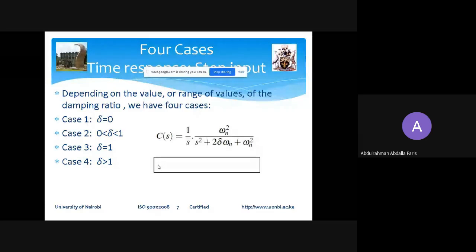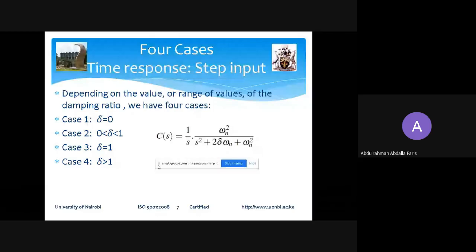What we can do now is analyze this system in terms of a step input. The way we do it is we analyze using different delta, or different damping ratio.